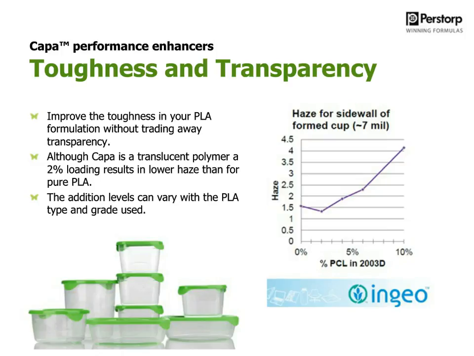So in this case, around 1.5 to 2% of the PCL 6800 has been added in the 2003D NatureWorks PLA grade. And it even improves the transparency at this point, and the mechanical properties are much better for a compound which is thermoformed.